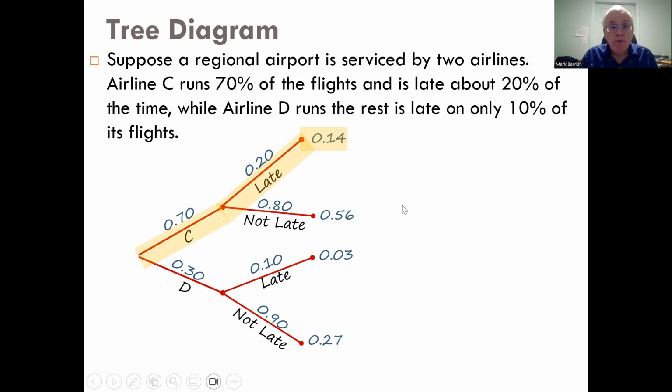So, if you wanted to answer the question using this tree diagram, what is the probability that a flight picked at random would be late, it would simply be the sum of the lateness with airline C, which is 0.14, plus it being late with airline D, the joint probabilities here. If you add these two up, it's 0.17. That's your answer.